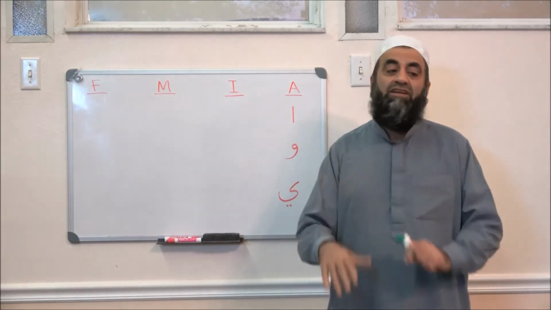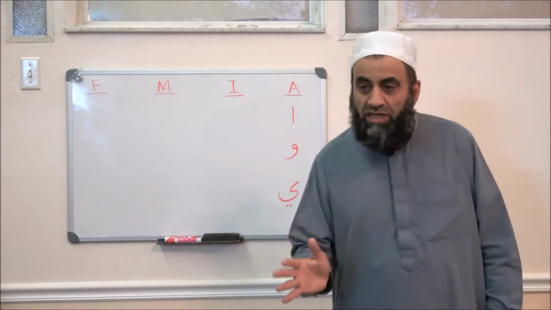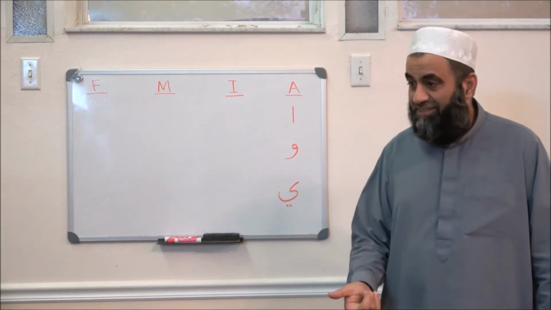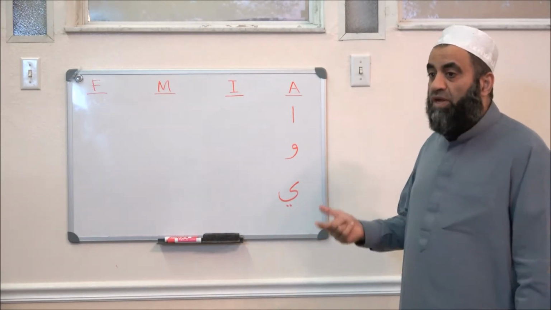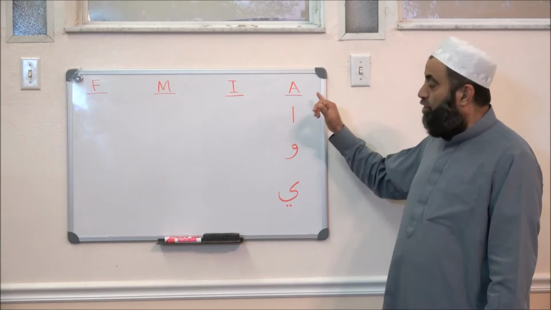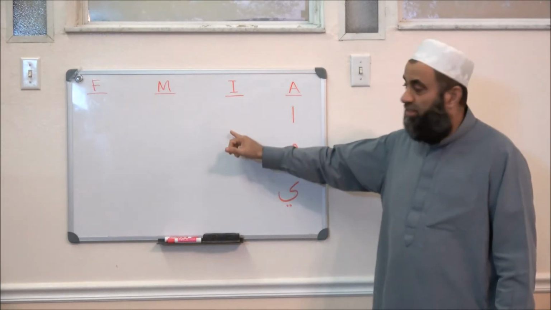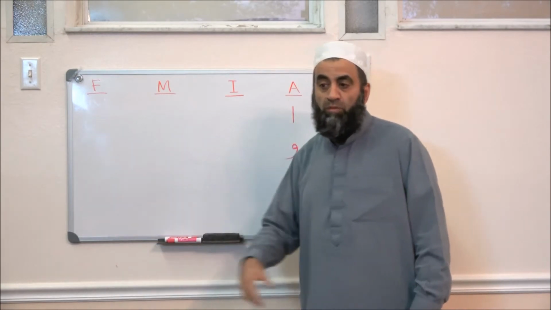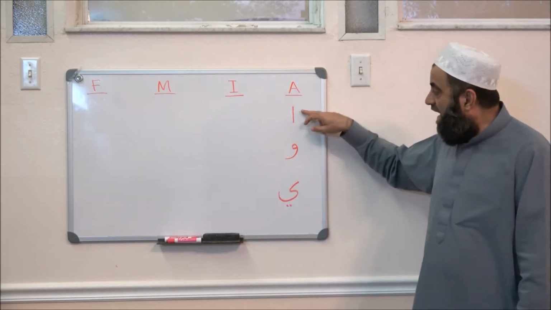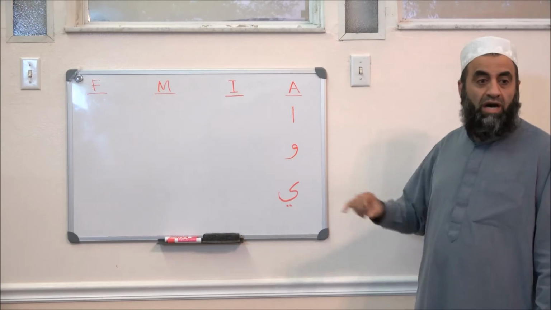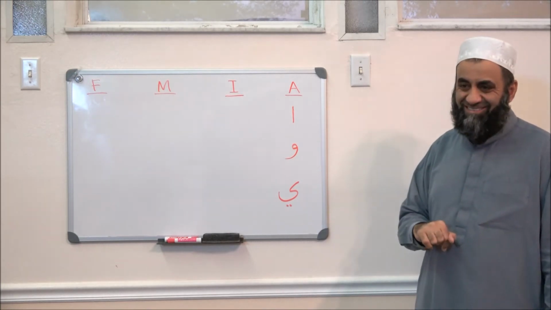But there are 6 letters in the Arabic language that do not permit that connection from the left side. And what happens is that therefore the standalone form and the initial form will be the same. The middle form and final form will be the same. The a and the u are 2 of these 6.